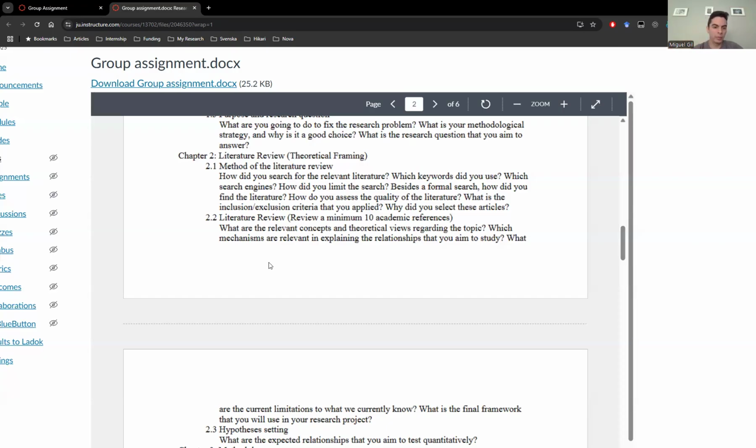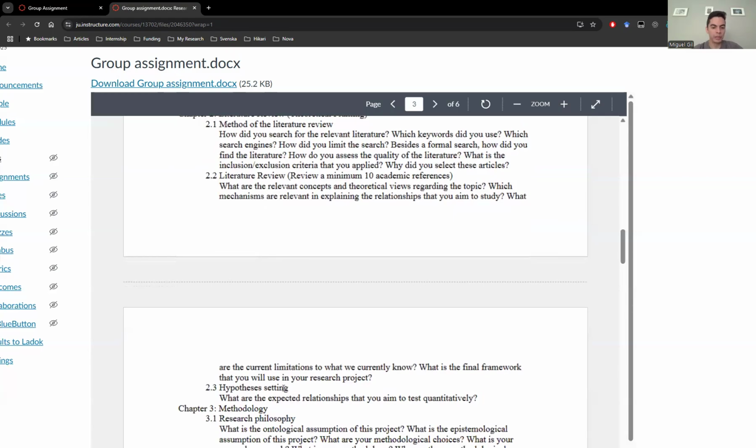And then at the end of that, as I include in here, what is the final framework and your hypothesis? That is also what I mentioned in the lecture. The hypothesis is very simple. You will assume that there will be a relationship between your independent and your dependent variable.